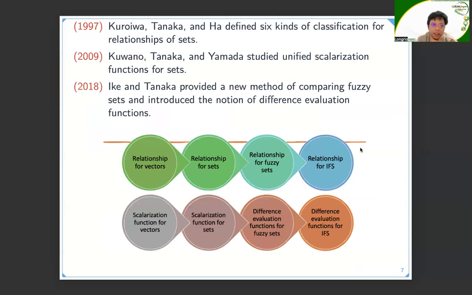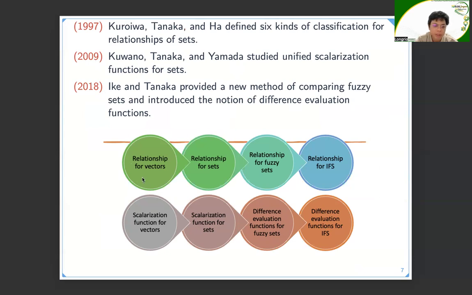As a brief history, in 1987, these researchers defined 6 kinds of classification for relationships of sets. Around 2009, Kuroiwa and Tanaka studied unified scalarization functions for sets. Recently, in 2018, Ike and Tanaka provided a new method of comparing fuzzy sets and introduced the notion of difference evaluation functions.